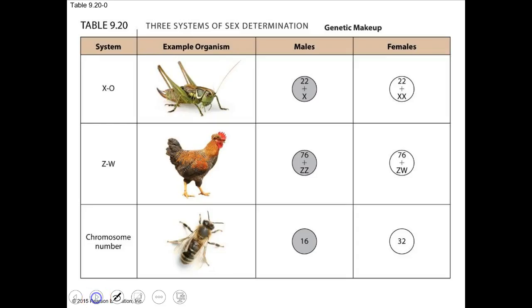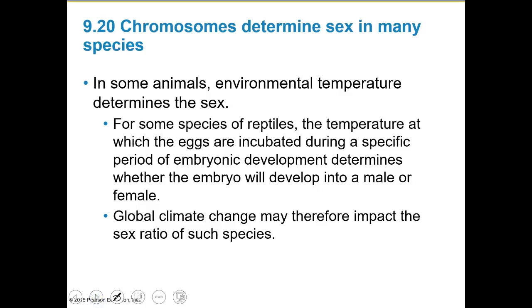So the XO system: males with just one X, females with two X's. ZW system: males are ZZ, females are ZW. Chromosome number 16 for males, females have 32 chromosomes. So there are some other things going on.